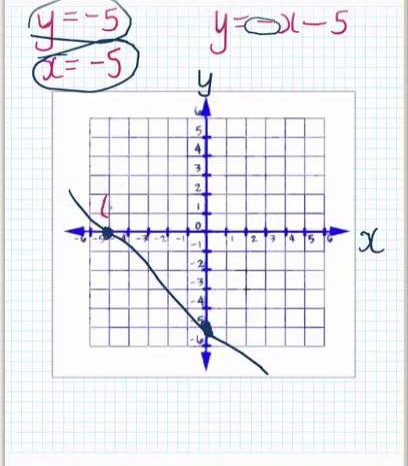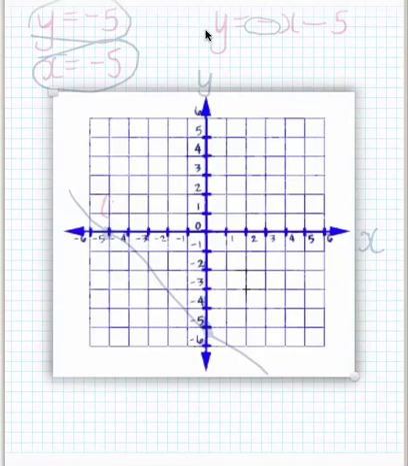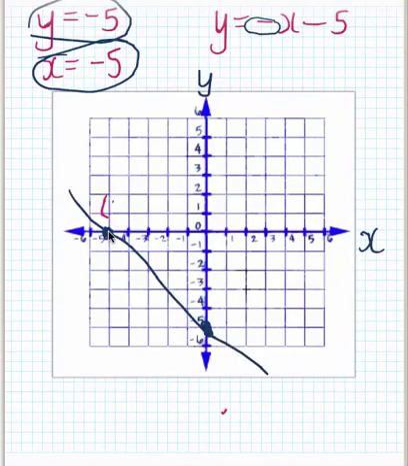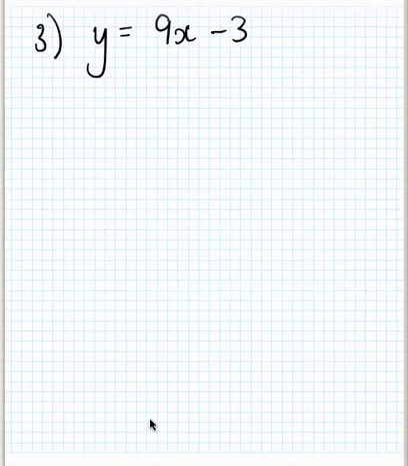When x is at this point here, x is -5, and we know y is 0. At this point here, we know x has to be 0, and y is -5. And we're done.